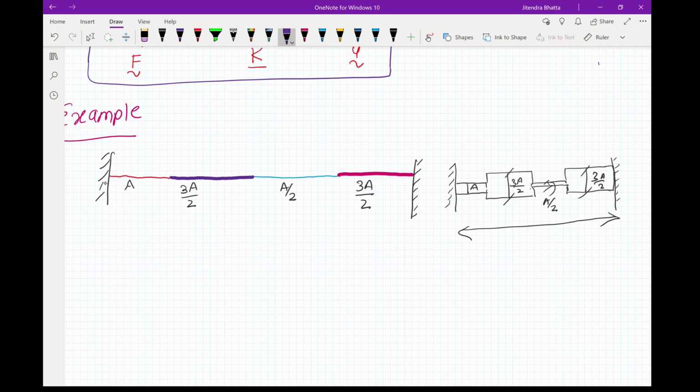If you put nodes here, let's say this is node 1, 2, 3, 4 and 5. Then these will be acting as separate elements. So this will be element number 1, this will be element number 2, 3 and element number 4.